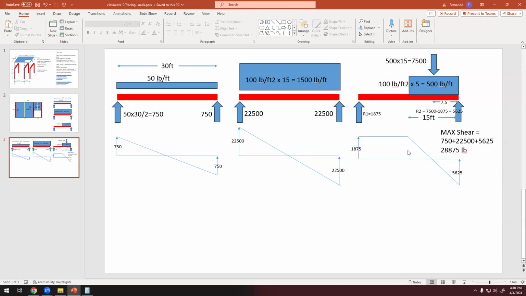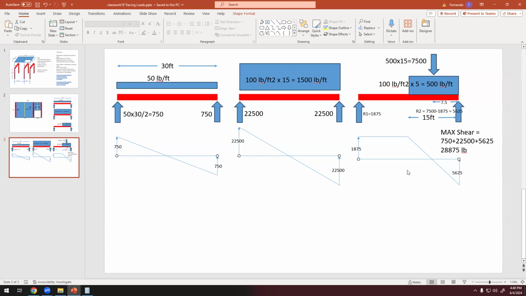So this is not the most interesting point. The most interesting point is where the shear value is the greatest. So it's the right side of this beam.